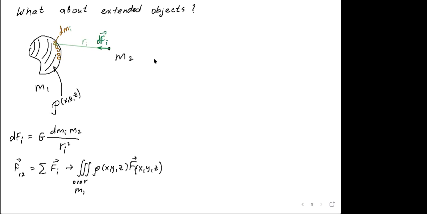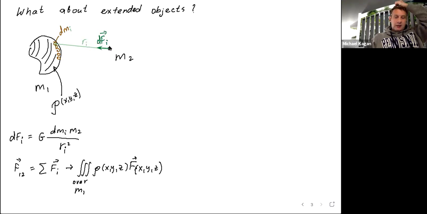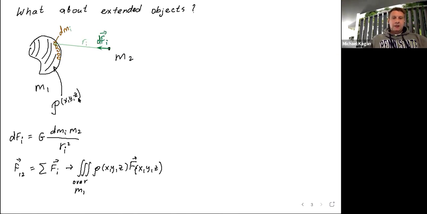Now, what if the second object is also an extended object, not a point particle? Then you do the same for the second object. You consider it as a collection of dm's, and you introduce the density function, some other rho, and you have to use different variables, let's say x prime, y prime, z prime, to parameterize the locations of those particles in the second object.